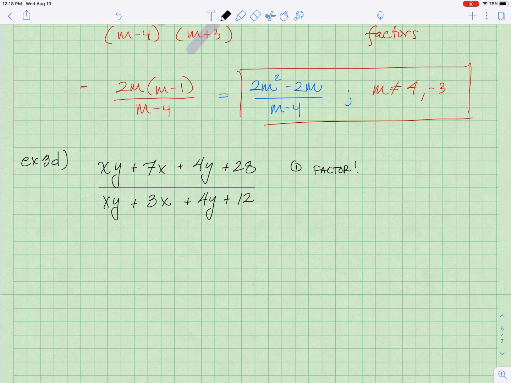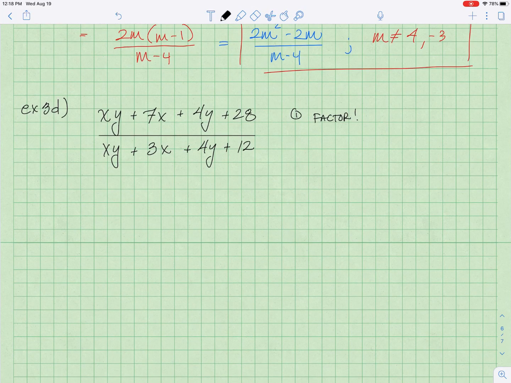Each numerator and denominator both have 4 terms. So let's do some factor by grouping here. For the numerator, xy plus 7x plus 4y plus 28.